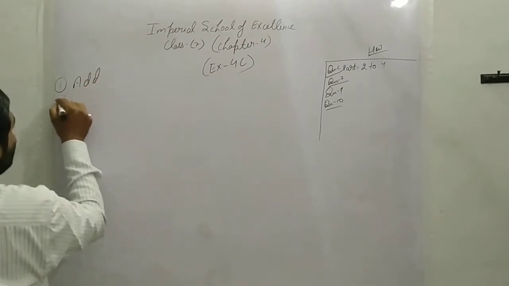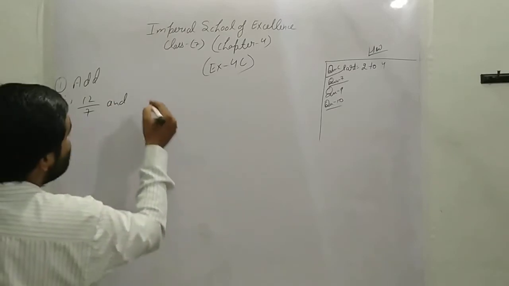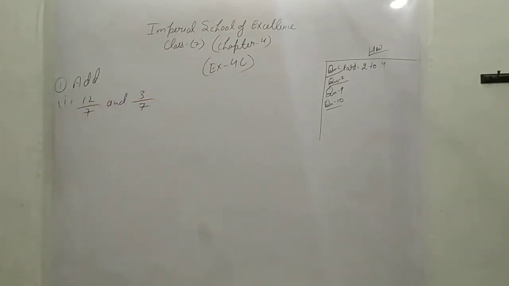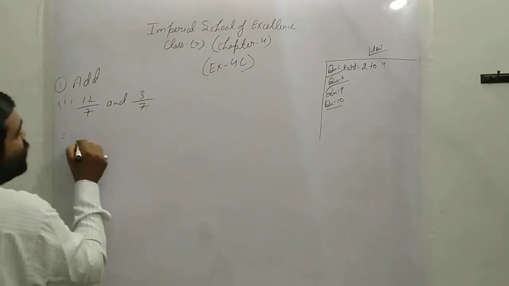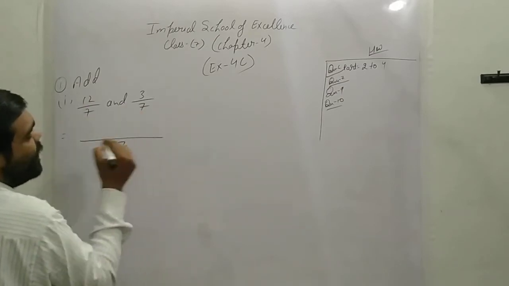The first one is given: 12 upon 7 and 3 upon 7. You have to add these two rational numbers, or you can say fractions. So you have to take LCM of 7 and 7. The LCM would be 7.